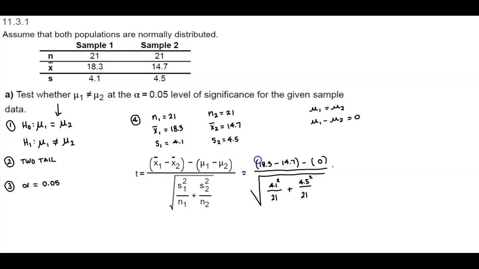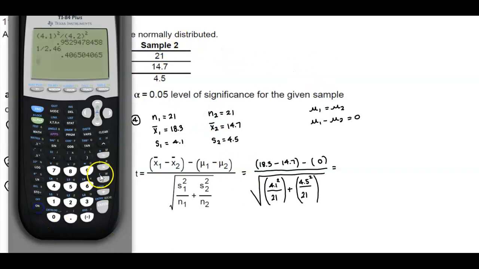So now we're going to put this in our calculator. My recommendation is to put parentheses around this so that we don't have any problems with order of operations. In our numerator, we have 18.3 minus 14.7, and that's minus 0, so we can just hit enter. It gives 3.6 in the numerator. Then we're going to divide that by the denominator.